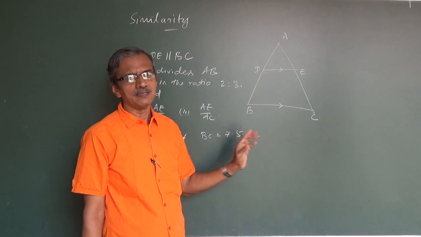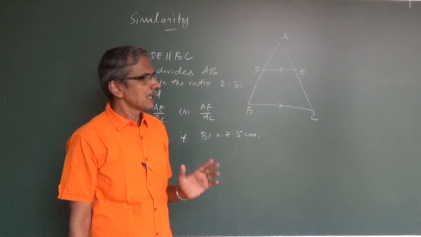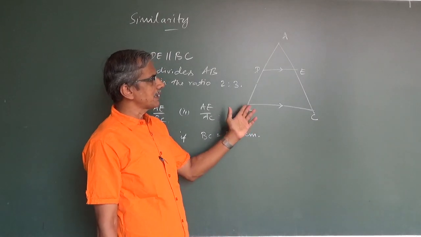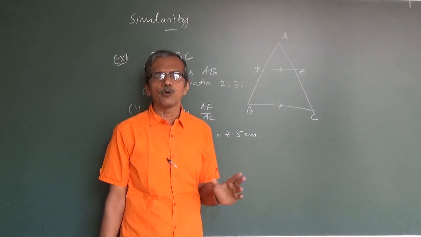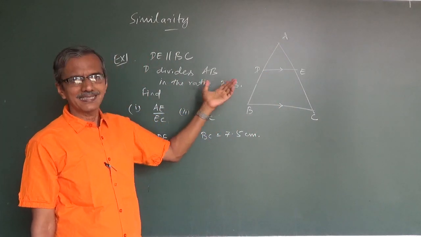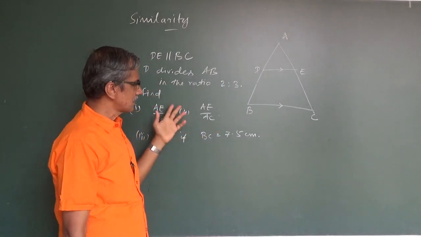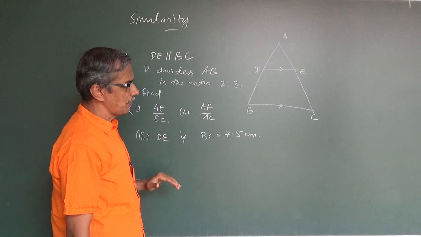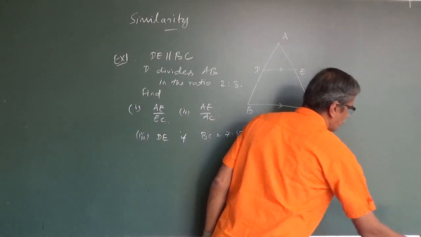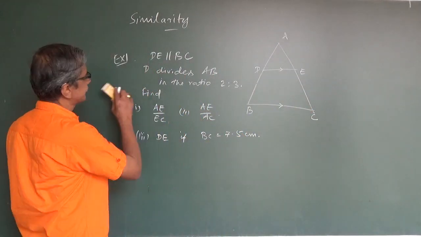This you have to remember. So to be on the safer side, I recommend that you use only similarity and don't go for basic proportionality in these things. I hope you understood. Now I will solve this problem. Then you will understand how to use similarity in this.